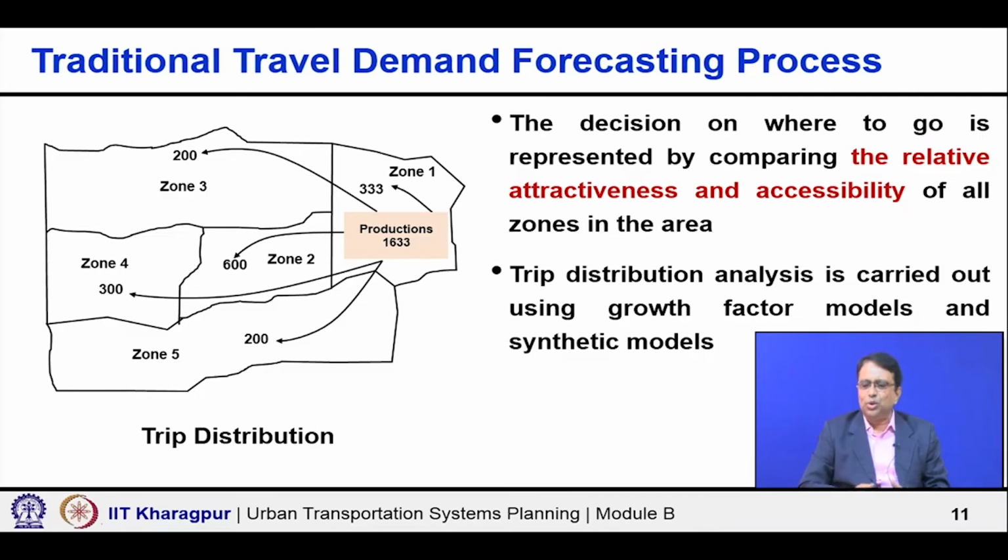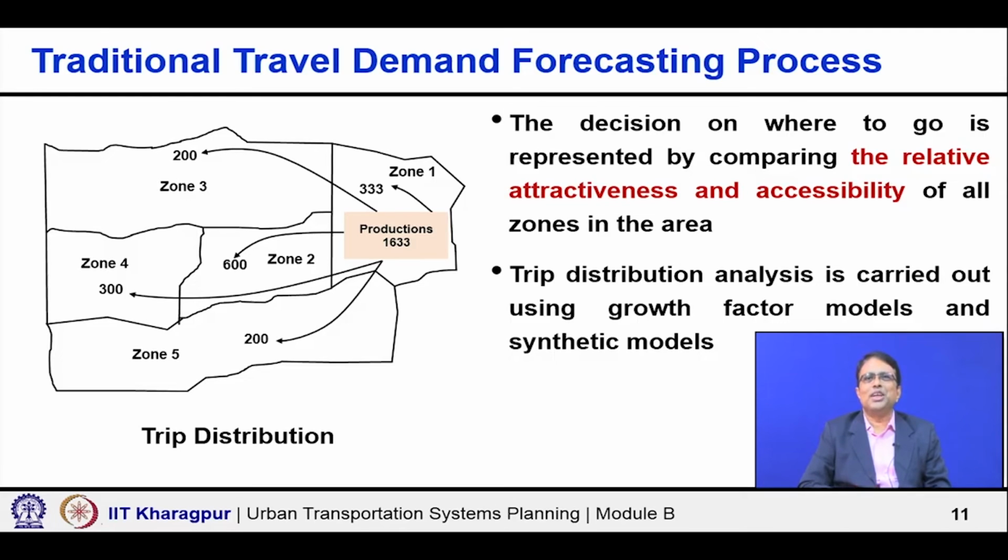The decision on where to go is represented by comparing the relative attractiveness and activity of all the zones, and mainly two types of approaches are taken for modeling trip distribution. One is the growth factor based models, and we also use synthetic models for getting the trip distribution, as with the trip generation models.